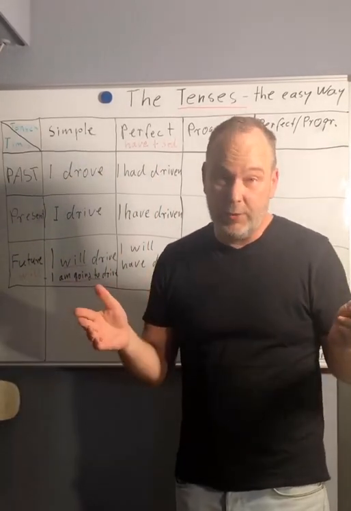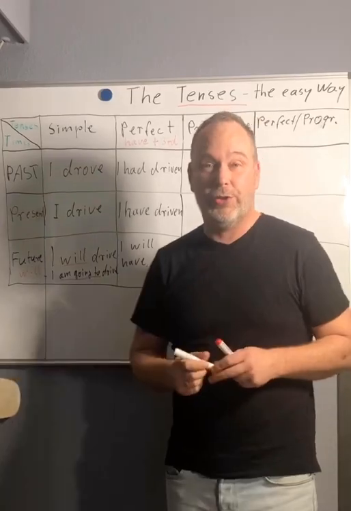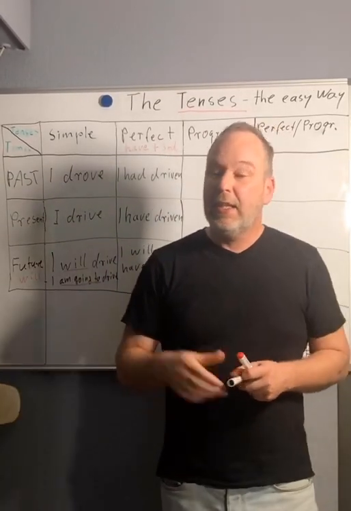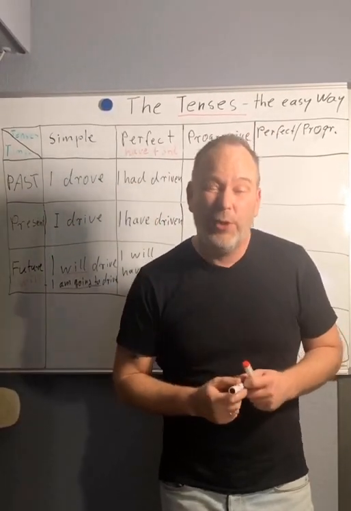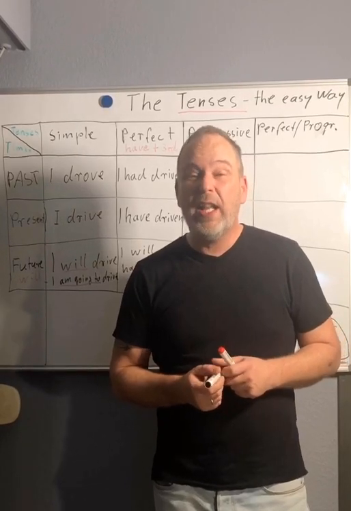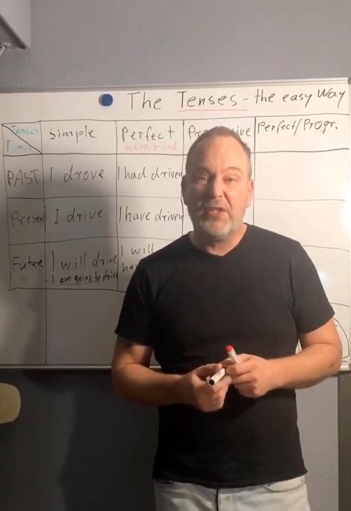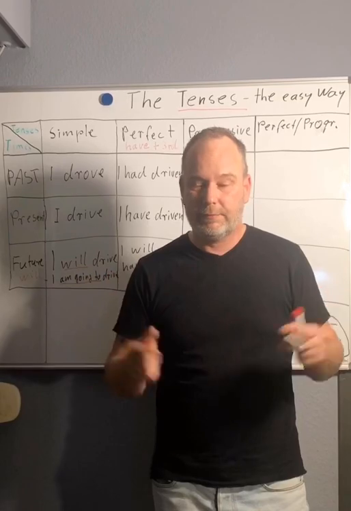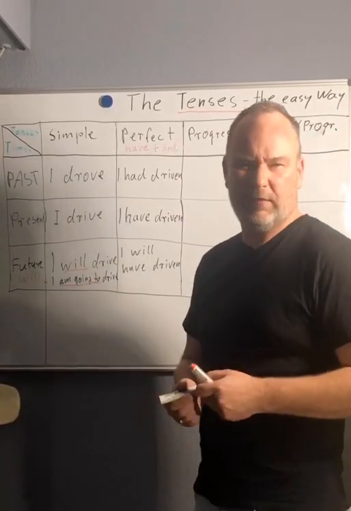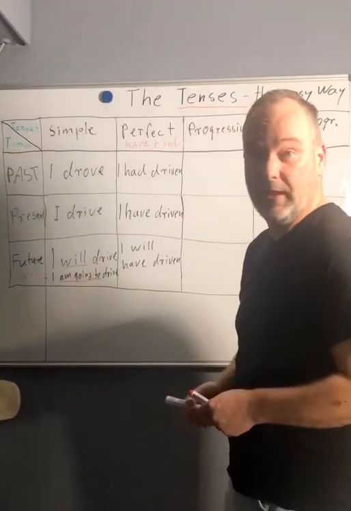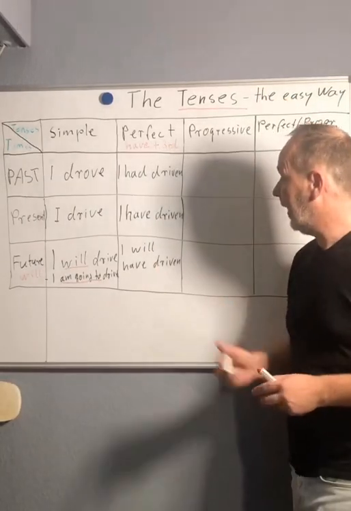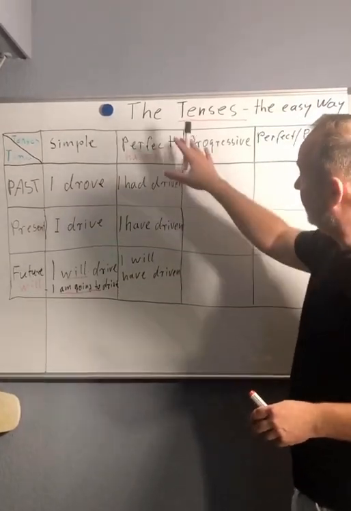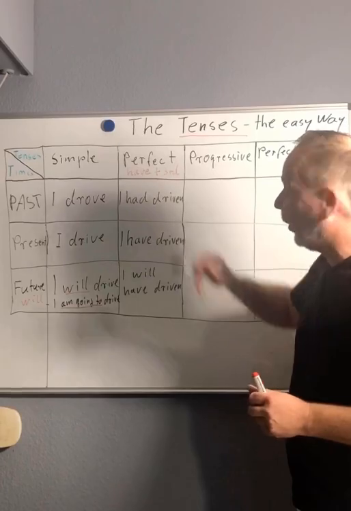It will be completed or perfected in the future. So I can say, man, by the time I get to your place, buddy, I will have driven 4,500 miles. And he will say, yeah, that's crazy. I will say, yeah, I know. Anyway, pretty simple and perfect to perfect.